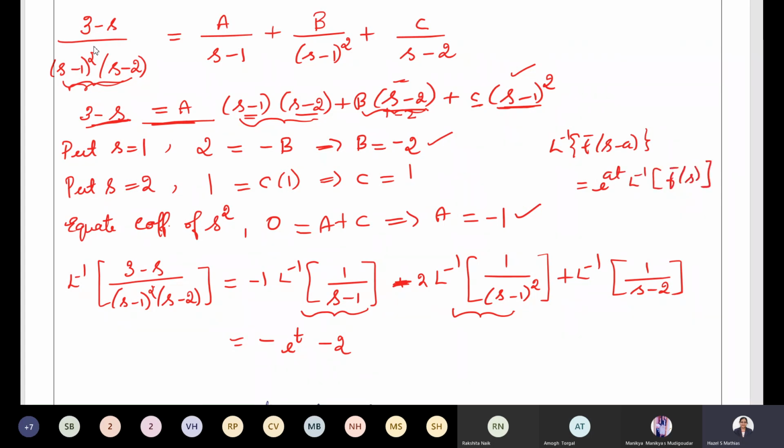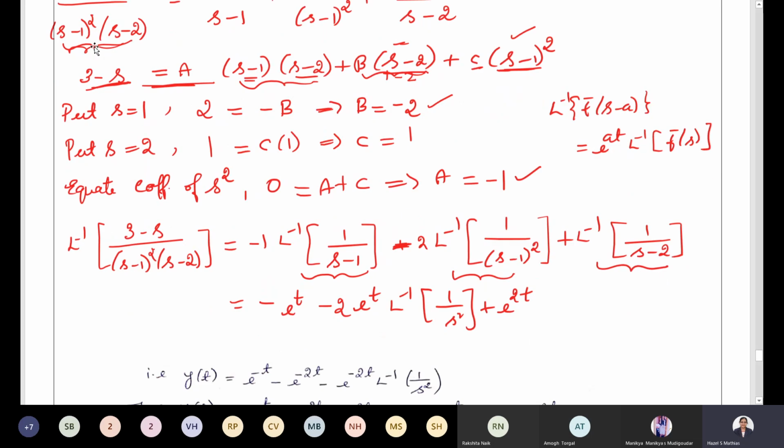So what do we get from that? It will be e power t, e power t into L inverse of 1 by s square, plus what is L inverse of this? e power 2t.